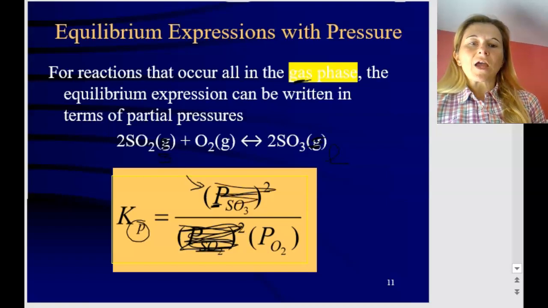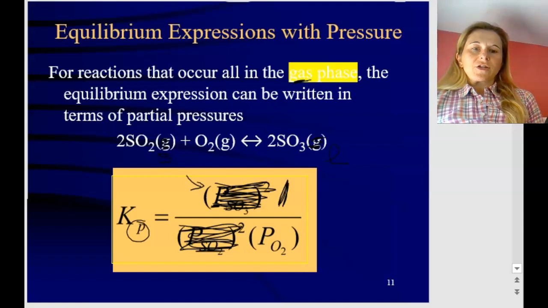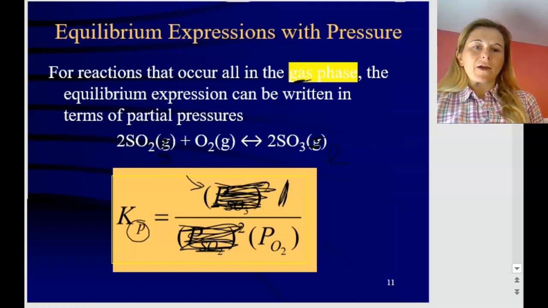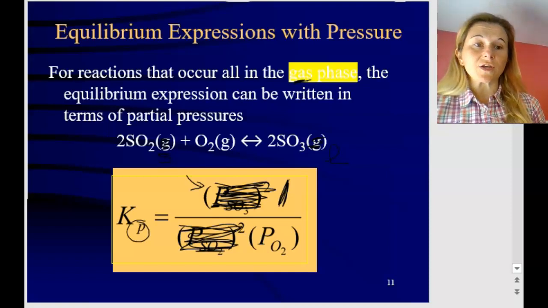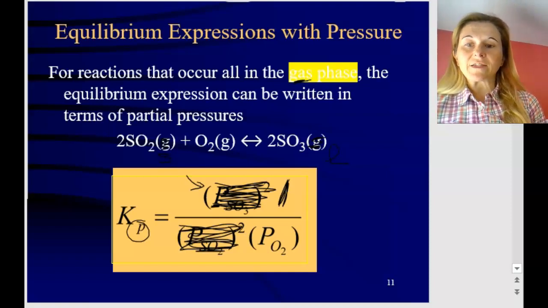Then this guy, not even here in this formula. What would we put here? We would put a 1, right? That would just become a 1, and whatever the pressure of oxygen is would be under 1, and that would be our equilibrium expression with pressure, our Kp. All right, so we would just put a 1 there. So if something is not a gas, it is not going into a calculation to figure out Kp. Make sure you're paying attention to those phases of matter there.